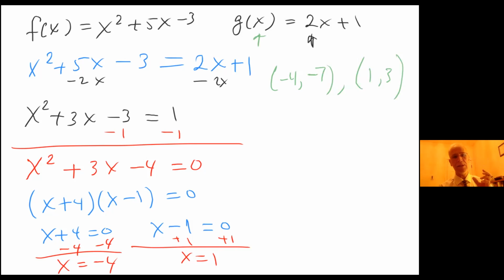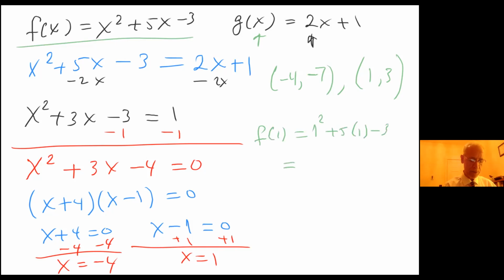And listen, once again, you could plug this 1 into f of x. Let's try it. F of 1 equals 1 squared plus 5 times 1 minus 3. That equals 1 plus 5 minus 3. So 1 plus 5 is 6, 6 minus 3 is 3, and that's what you have in here.